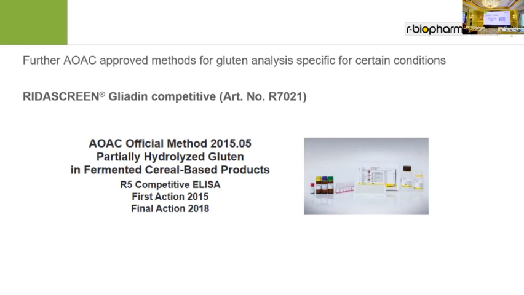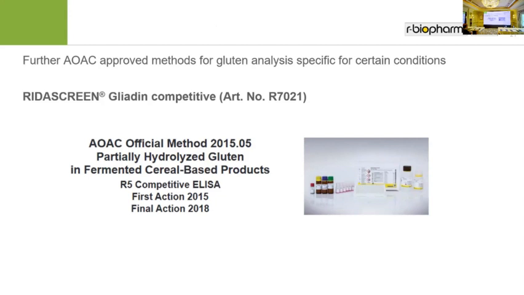Sometimes you are perhaps in a situation, we have seen before, hydrolyzed food samples, to use a different method. The peptides are too small to be analyzed with a sandwich ELISA. Therefore, we need a setup in a competitive format.